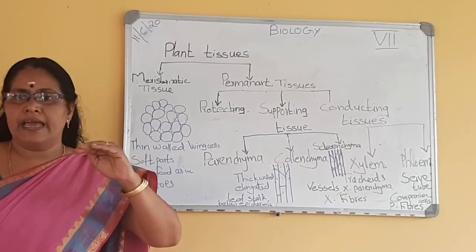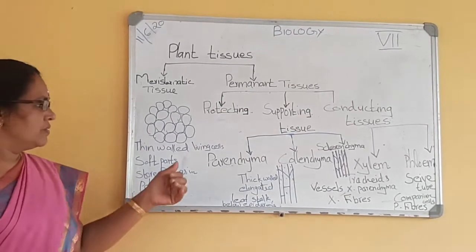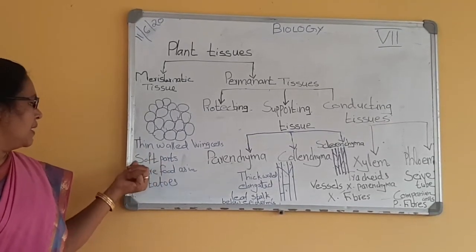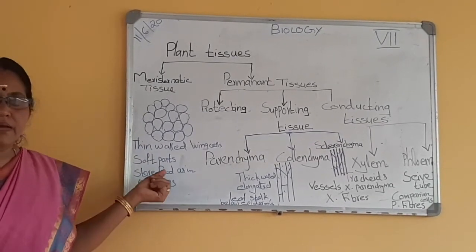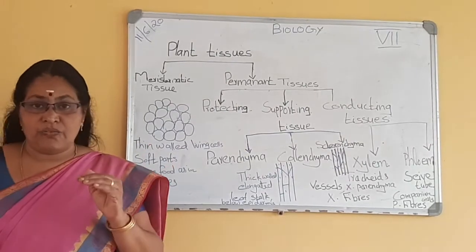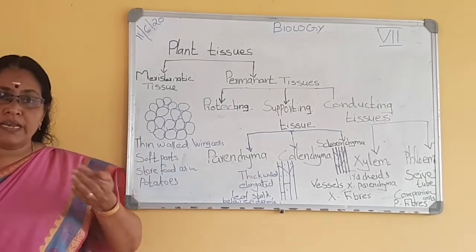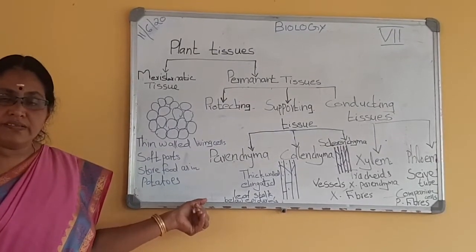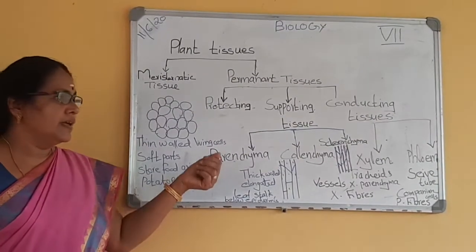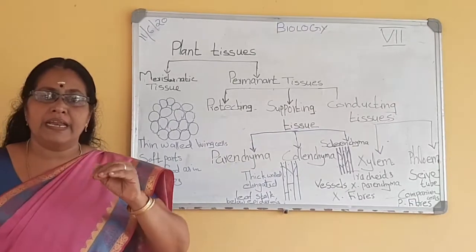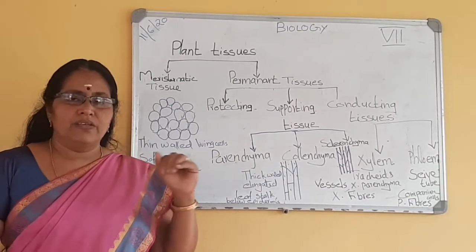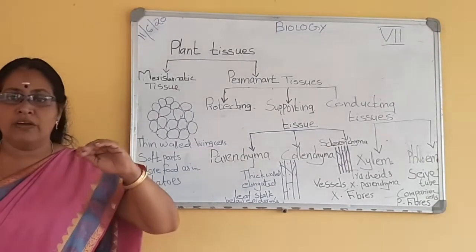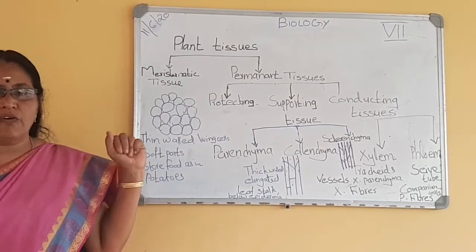They are filled with air. So parenchyma may store the food. Some parenchyma cells contain chlorophyll, so they are called chlorenchyma, and they help in the synthesis of food. Then those filled with air are called aerenchyma, and help in floating of the plant parts in the water.